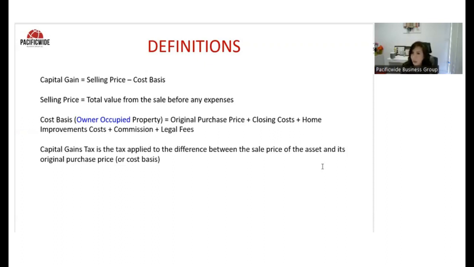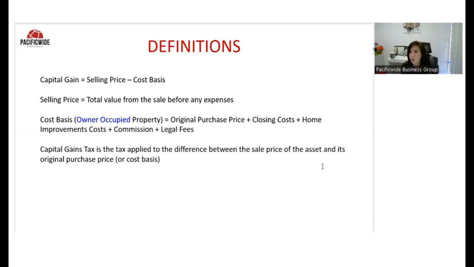You can put it in here, and all the fees you pay for title and escrow, anything related to the sale. Even if you hire an interior designer to stage the home, or you have to order an inspection before you sell it, anything you spend at this time will be added into this formula.